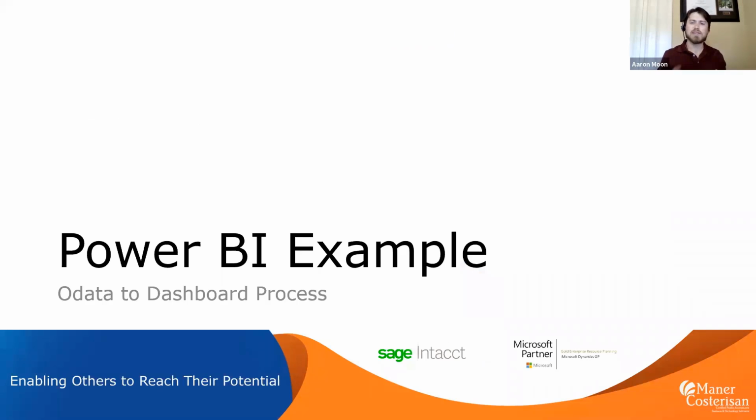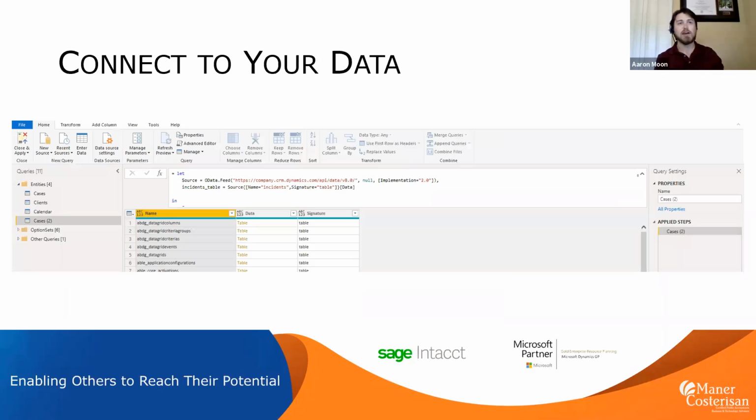So I've got a quick example just to show you some screenshots of what Power BI looks like. I'm going to walk through those right now. So the first thing is to connect to your data. This is a screenshot of what that looks like when you're building a query that's going to pull in your data from wherever it may be. In this case, I believe we're connecting to a Dynamics CRM system.